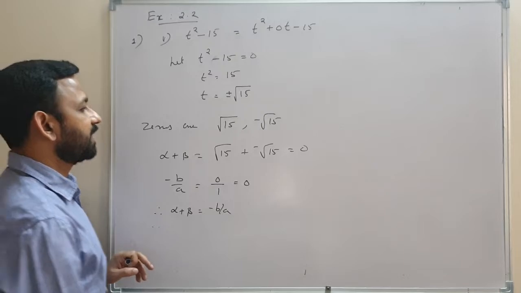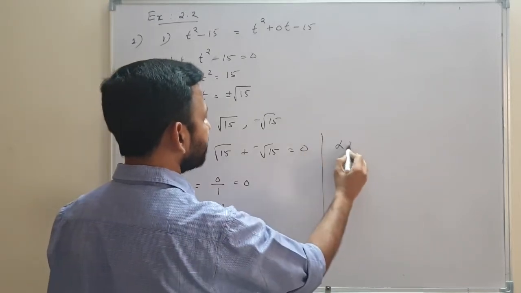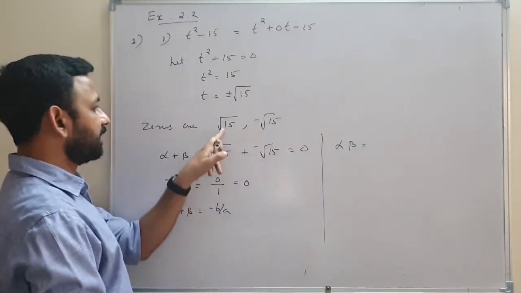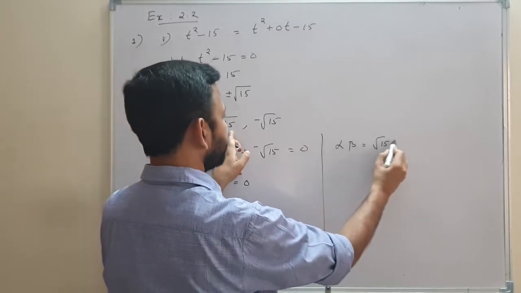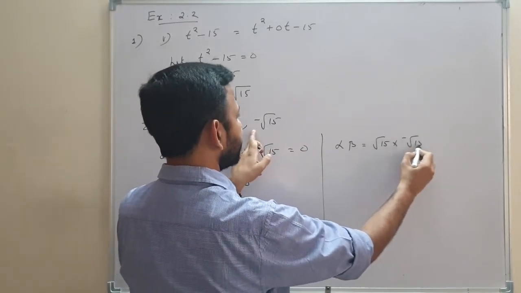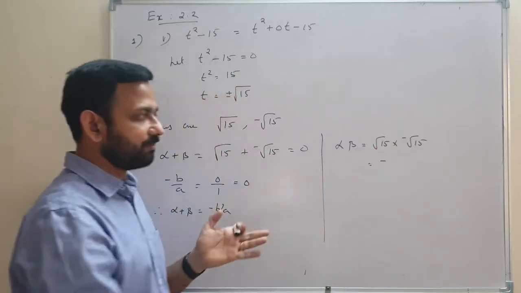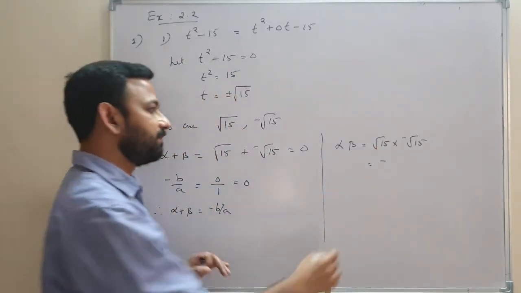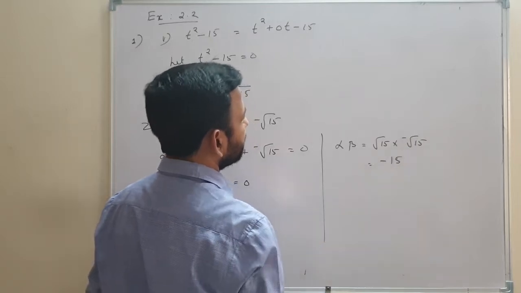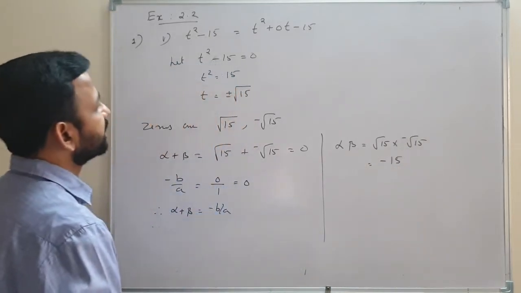And similarly the product alpha into beta, that is root 15 into minus root 15, that is minus 15.